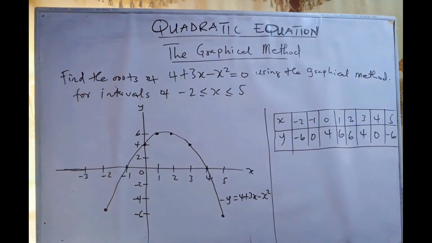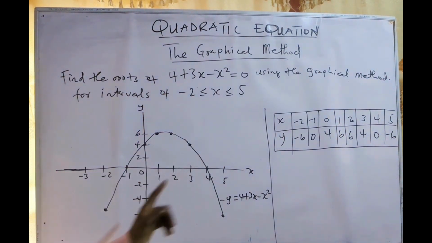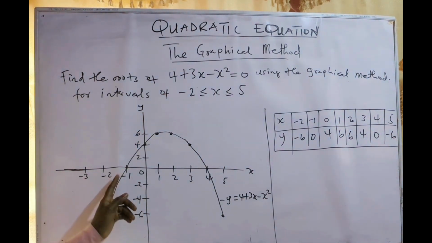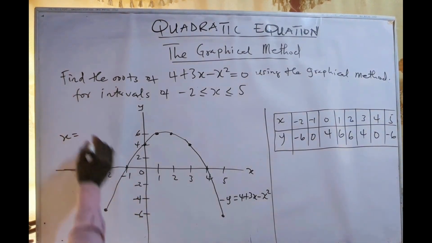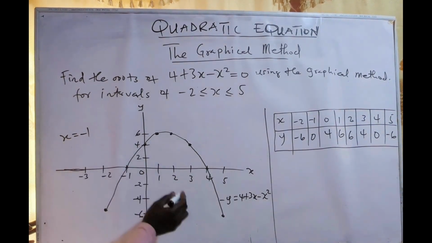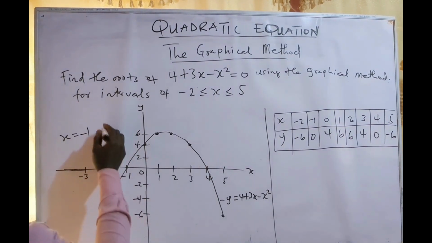Okay, so now let's see the root of the equation, or the root of the quadratic equation. So the root is where the curve touches the x-axis. So the curve is touching the x-axis where x is what? Negative 1, and then x is what? Is 4.